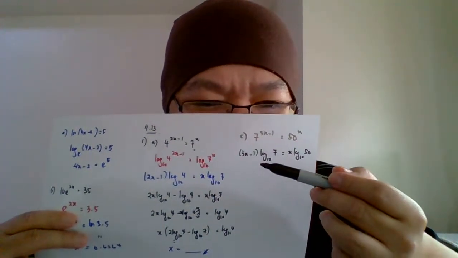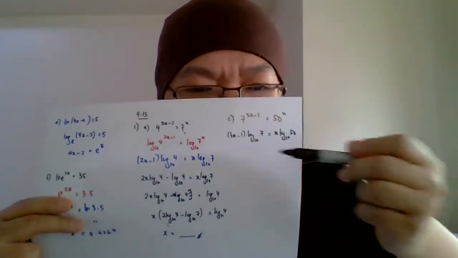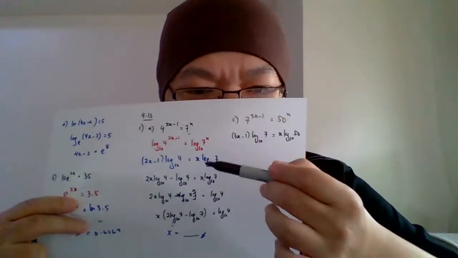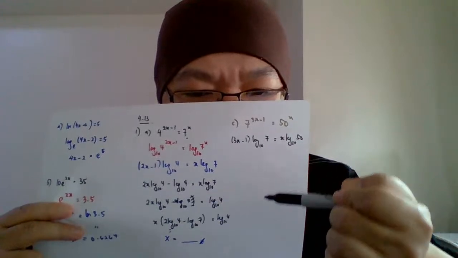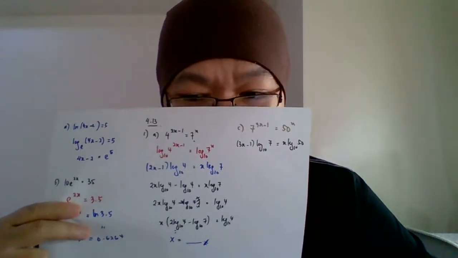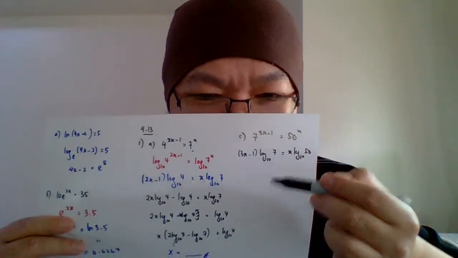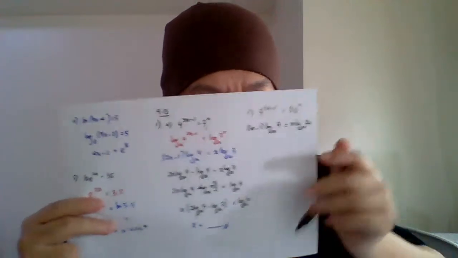Now what we need to do is expand as usual, expand everything, and then regroup and factorize the x like what we did on your first question here, and find the final answer x equals to how much. I think you guys can do this for 1C. Calculate for me, tell me what is the final answer for C. Because time is limited, we cannot show everything, you have to do it.